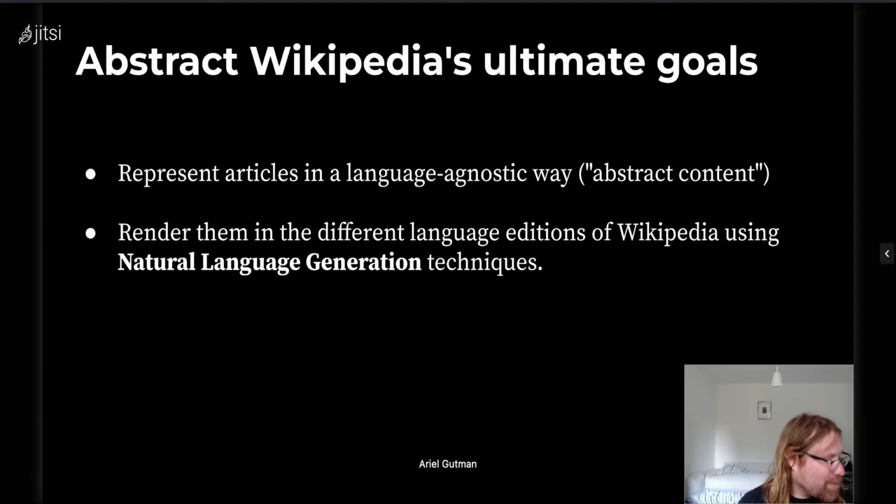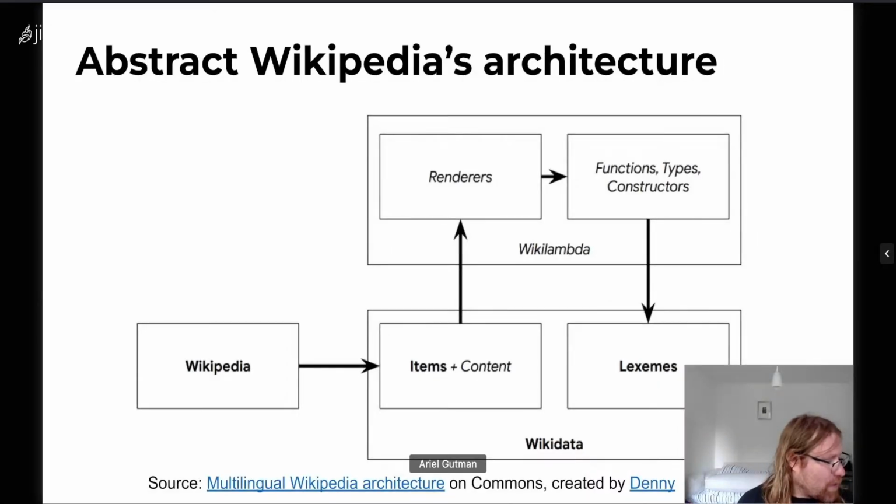Yes. Okay, so here is the architecture of Abstract Wikipedia as conceived by Denny. I won't attempt to pronounce his last name, but you probably know him. The arrows here should be understood as a dependency. So you see that the articles generated by Abstract Wikipedia will somehow depend on this abstract content, which you can see in the Wikidata part, which will then depend on the existence of renderers.